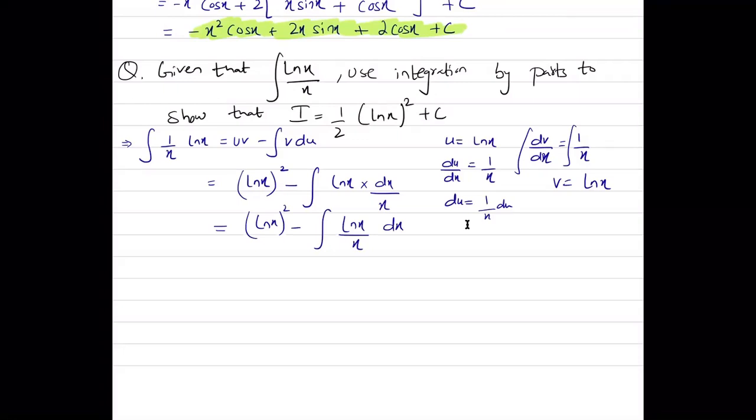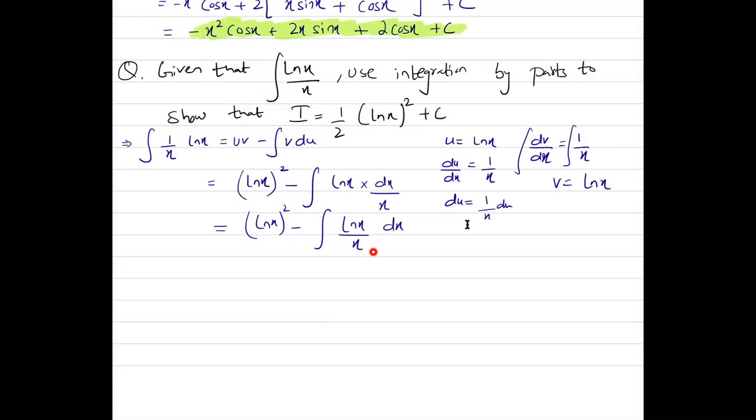Yes. Okay. Now you see the starting of the question. What were we integrating at first? We were integrating ln x upon x, and then we came up to the same integral after applying the by parts one time, that is integration of ln x upon x.